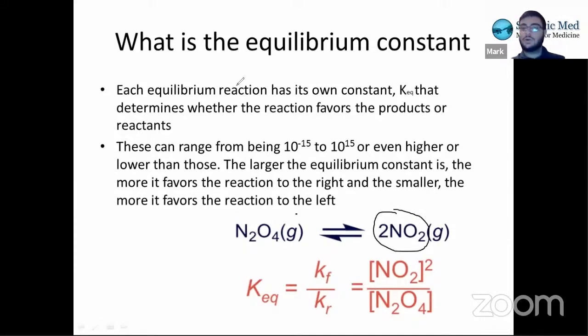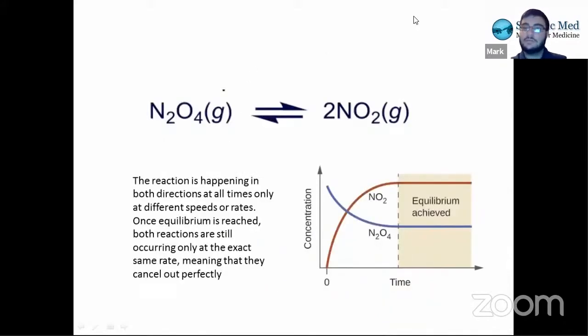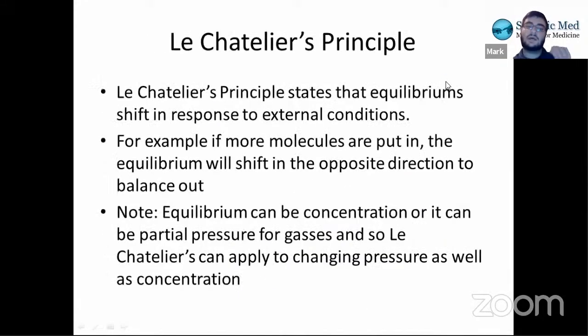Because if you put in more of something, going back to this graph, if I suddenly put in more NO2, so now the graph looks like this, it's no longer balanced because the balance in NO2 has been disrupted. It needs to find a way to rebalance itself, right? And because this graph would be messed up, equilibrium will be destroyed. It needs to find a way to rebalance itself. The way it does that is by shifting the equilibrium constant and the direction the equilibrium goes, right? Oh, sorry, went actually far. All right.